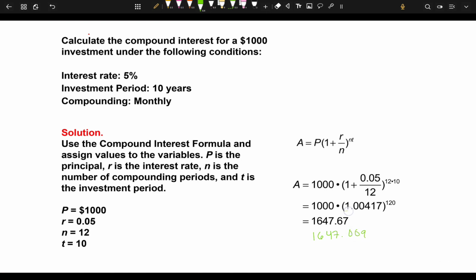Siguro dahil sa decimal dito, na kinuha niya lang. Nakalimit lang po kasi siya. Kaya siguro ito po yung nakuha niyang answer. So, 1.00417 raised to 120. Ayun, tama nga, kasi limited lang yung kanyang zero. So, sa akin po, ang kinuha ko kasi is lahat ng decimal. So, eto, tama pa din naman po.